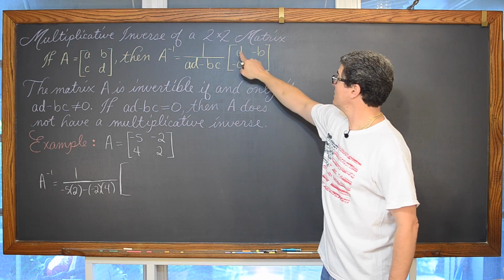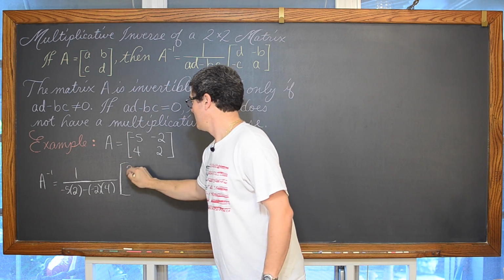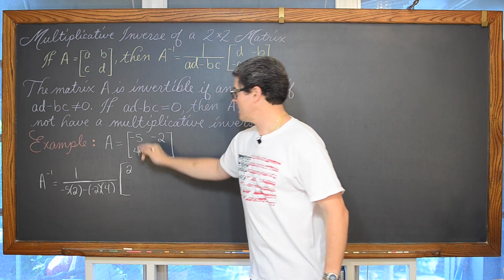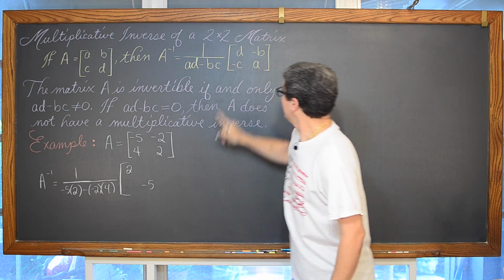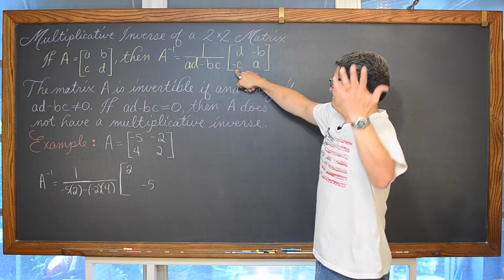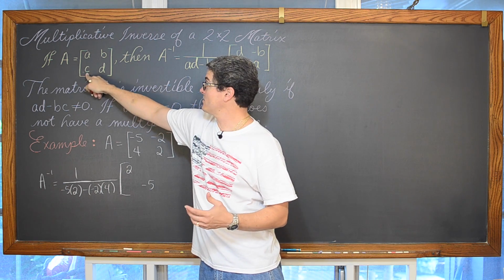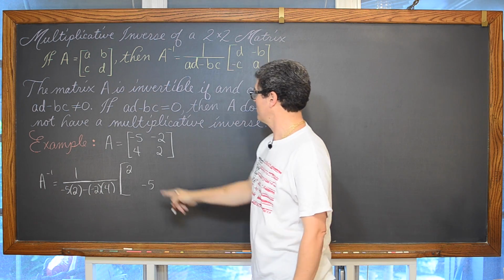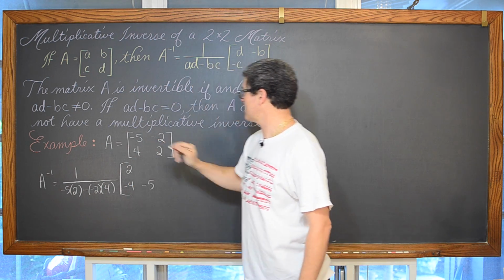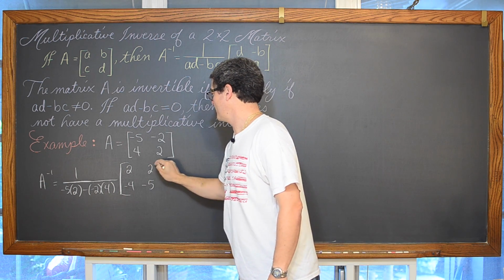Change the position of D and A, so what was in the bottom right hand corner is going to become the element in the upper right hand corner, and negative 5 is going to come down here, and then change the signs of the value, the element that's labeled with C, or that second row first column. So instead of 4 we have negative 4, and instead of negative 2, we're going to change that sign and make it positive 2.